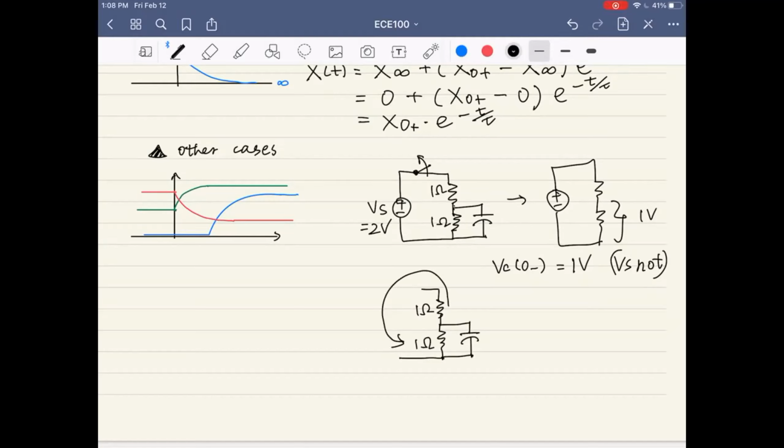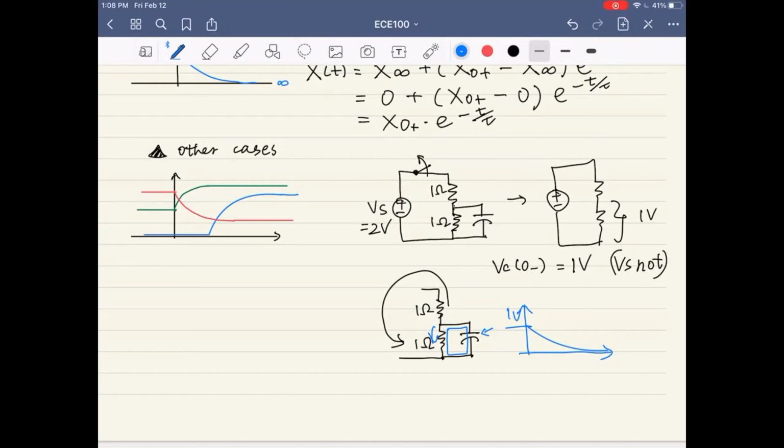And what we have is this loop. Because the capacitance already has some energy inside, it starts to help the resistance, right? So in this case, it starts from 1 volt, and then finally the resistance will consume all its energy, so it will go to 0.